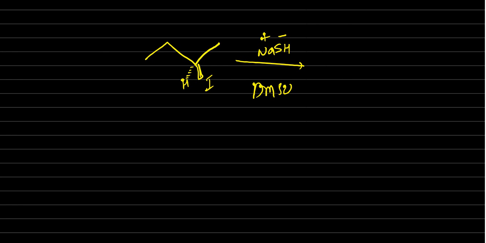See, charged means SN2 or E2, right? Here DMSO is there. Is DMSO protic or aprotic? Aprotic. Aprotic means SN2. So what happens in SN2? The nucleophile SH minus attacks. In SN2, the product is an inversion product.